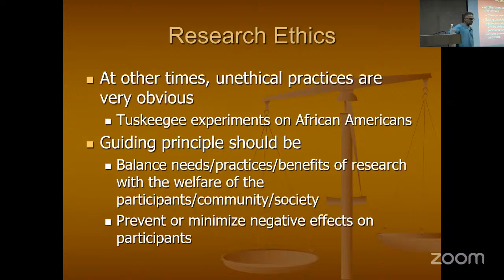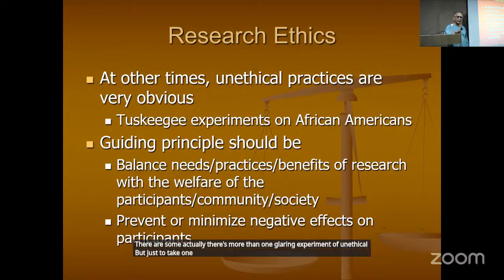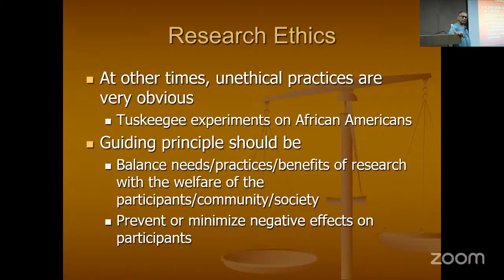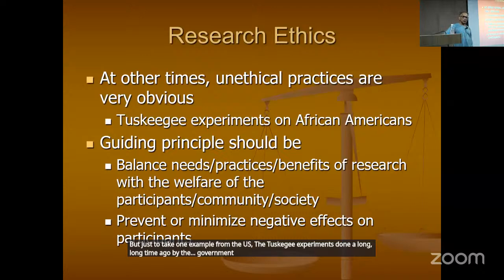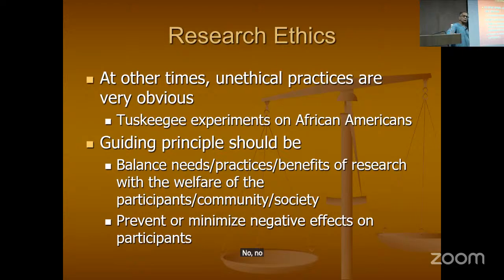There are some, actually there's more than one glaring experiment of unethical practice. But just to take one example from the US, the Tuskegee experiments, done a long time ago by the government on African Americans, not soldiers, just regular citizens.